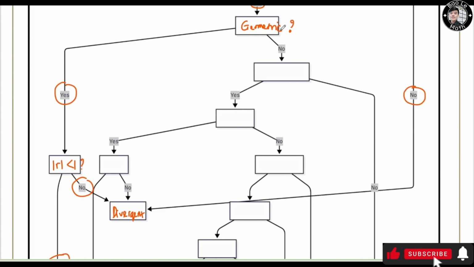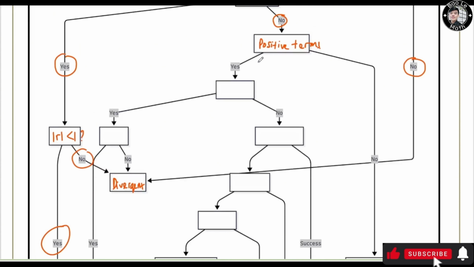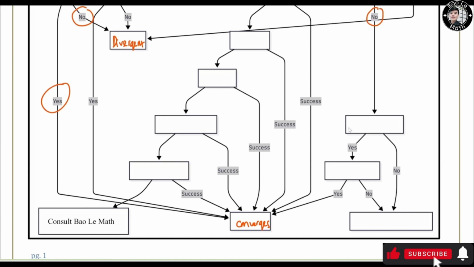If this series is not geometric, then you're going to check to see if there are positive terms. If no, then you're going to check to see if the sign alternates. If yes, then you're going to check to see if the series is decreasing. If the series is decreasing, then the series converges.